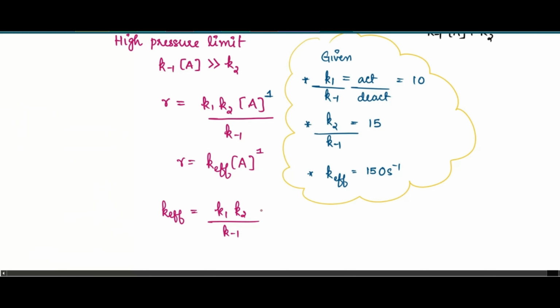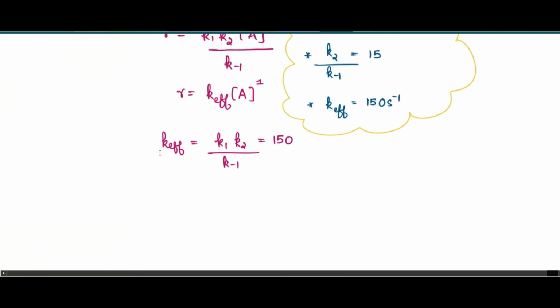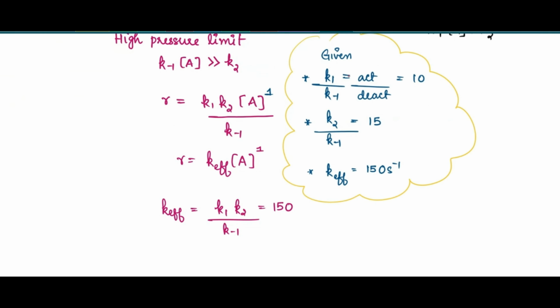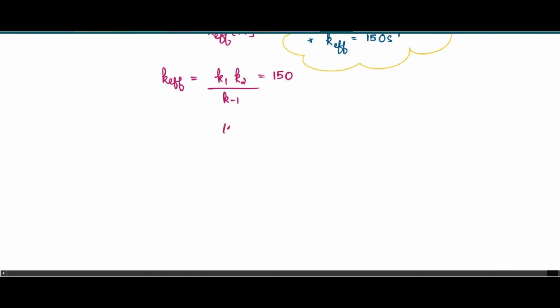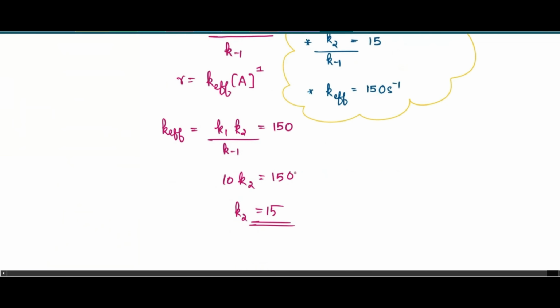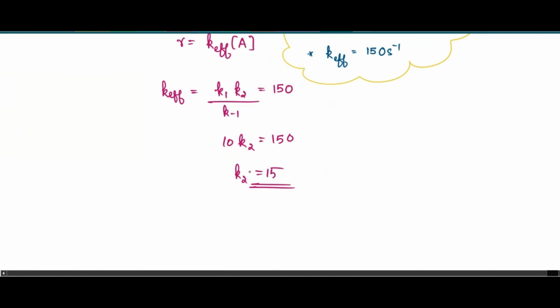And അത് ഓൾറെഡി അവർ ക്വസ്റ്റ്യനിൽ പറഞ്ഞിട്ടുണ്ട്, അത് 150 ആണെന്ന്. ഓക്കെ, അപ്പൊ ഇതിൽ നിന്ന് I know that K1 by K inverse is 10. Correct? K1 by K inverse 10 ആണെന്ന് ഓൾറെഡി അവർ ക്വസ്റ്റ്യനിൽ തന്നിട്ടുണ്ട്. So if I put it over here, 10 times K2 is equal to 150, or I'm getting K2 is equal to 15.